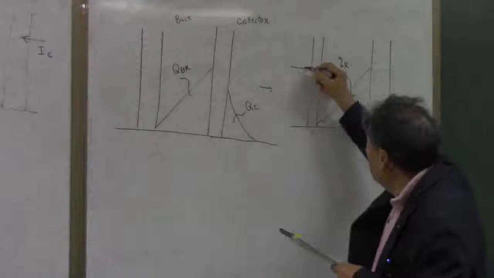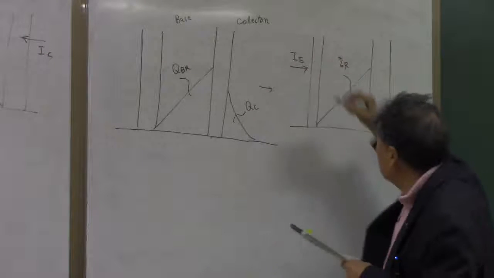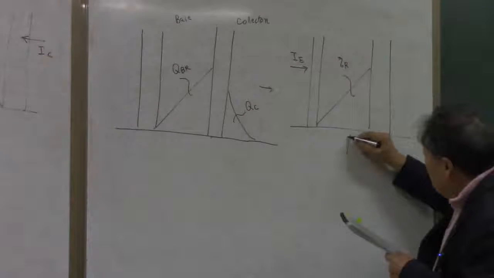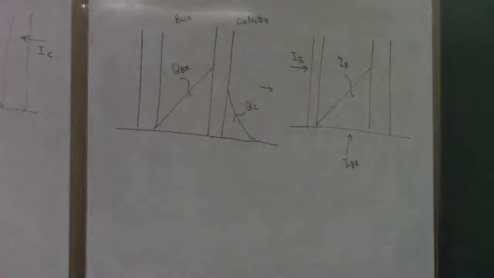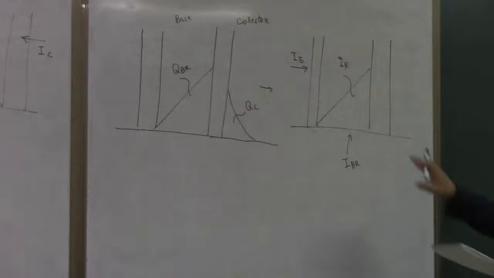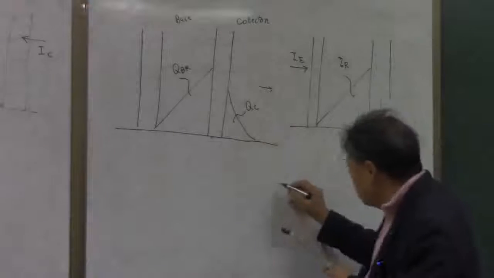And then we want to set this emitter current and the base current, reverse biased base current, with this QR charges.